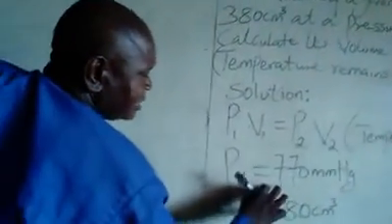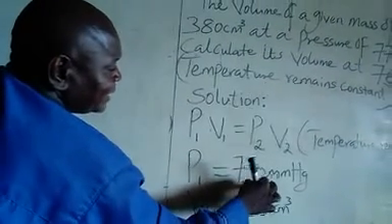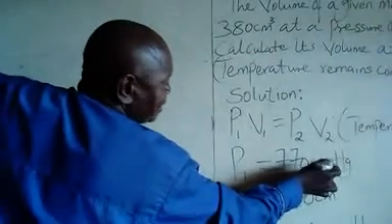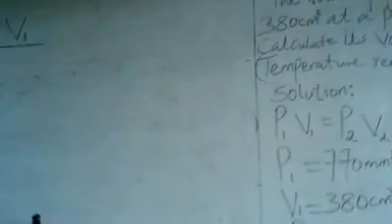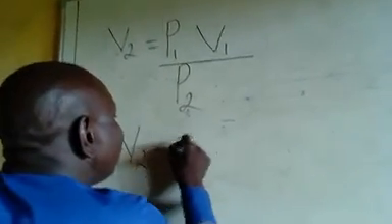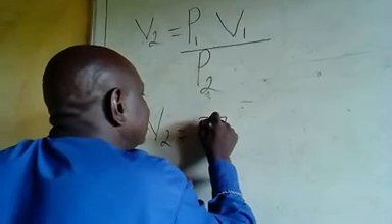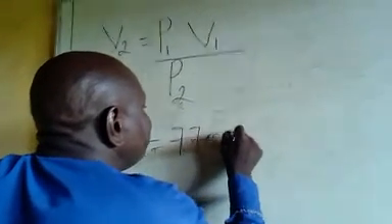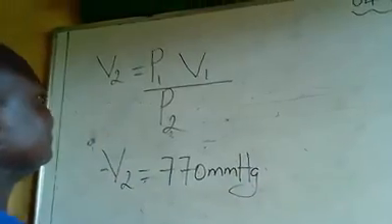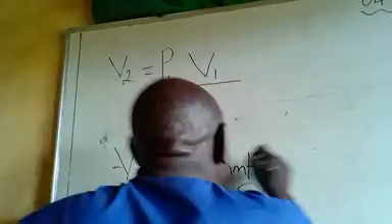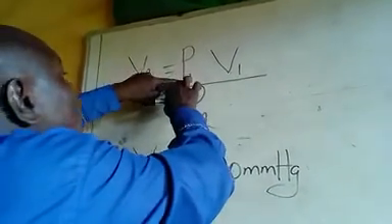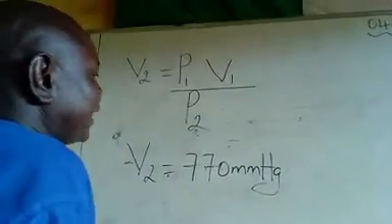Our initial pressure is 770 millimeter of mercury, times V1.